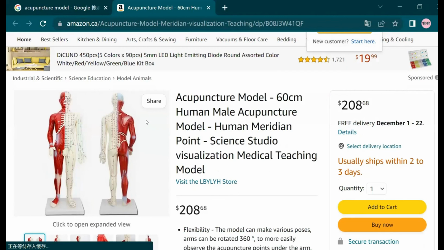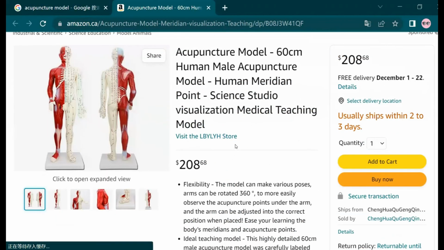Okay, you can just buy a small one, it doesn't have to be this expensive.